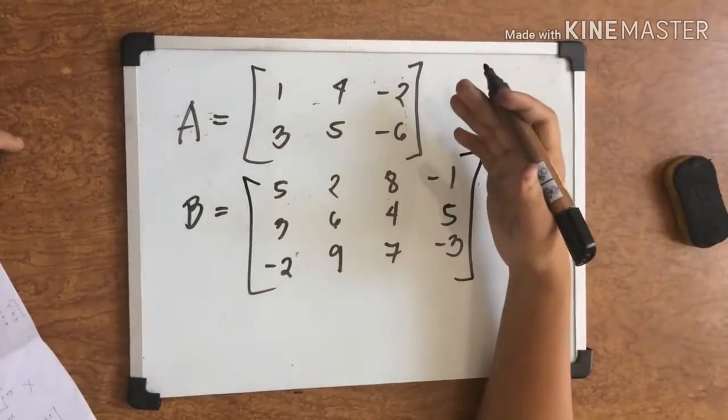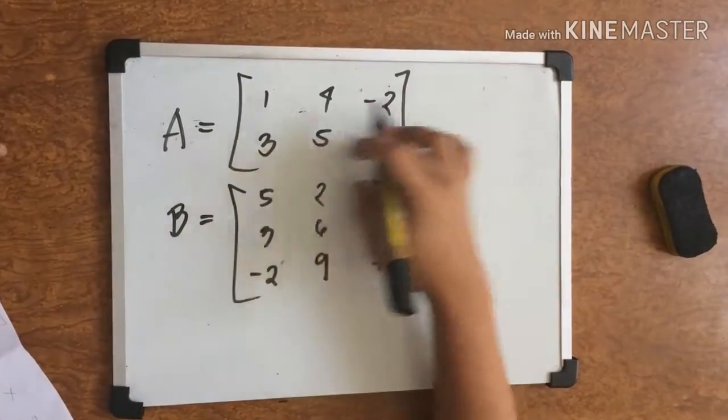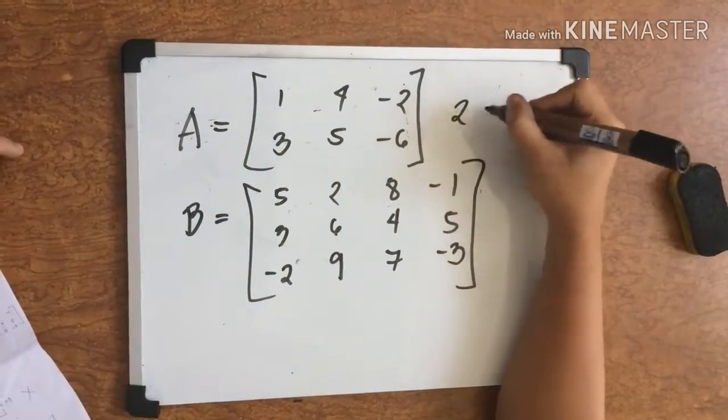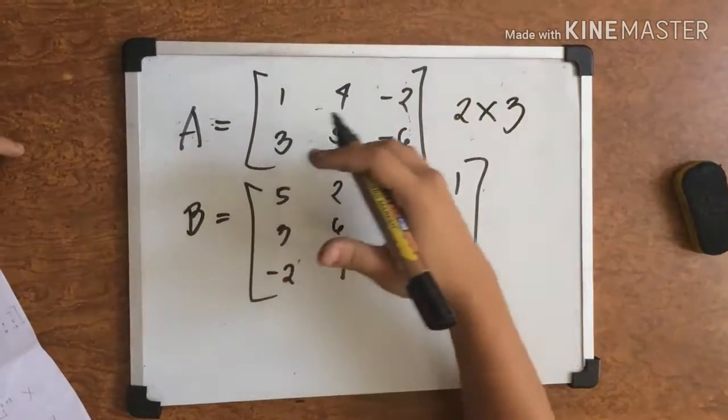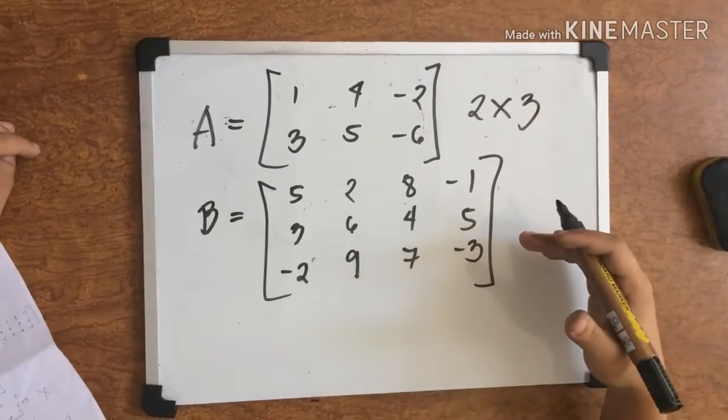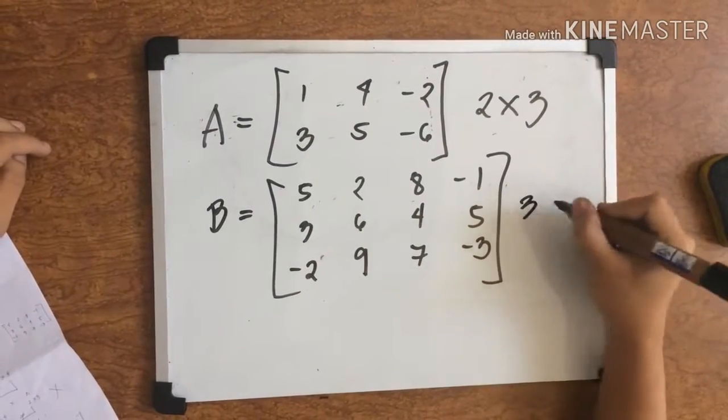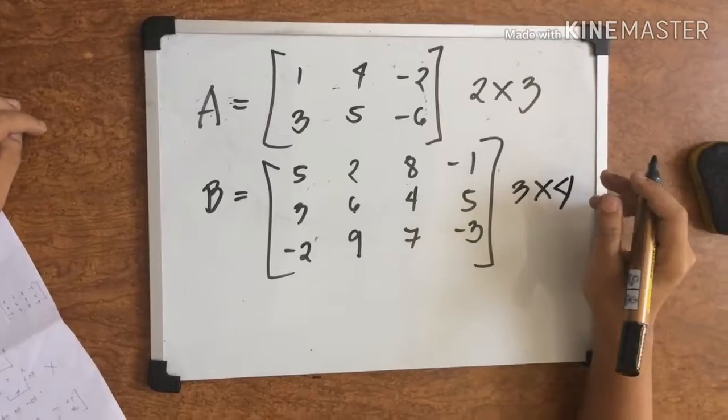So you can see we have a 2 by 3 matrix for letter A, and in letter B we have a 3 by 4 matrix.